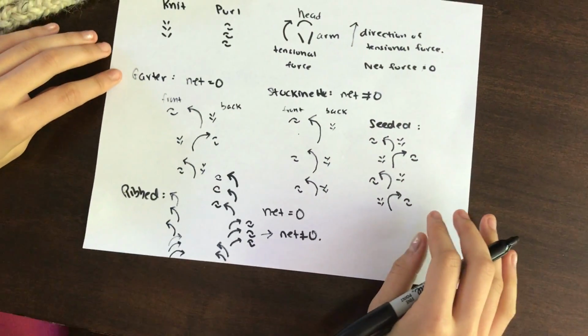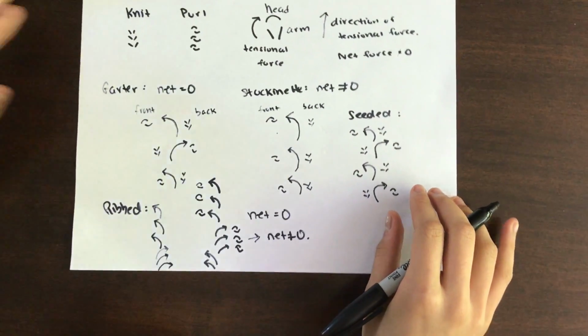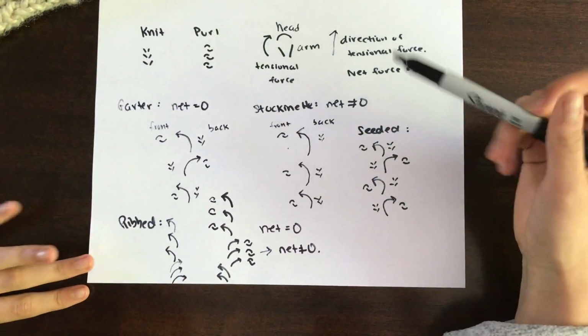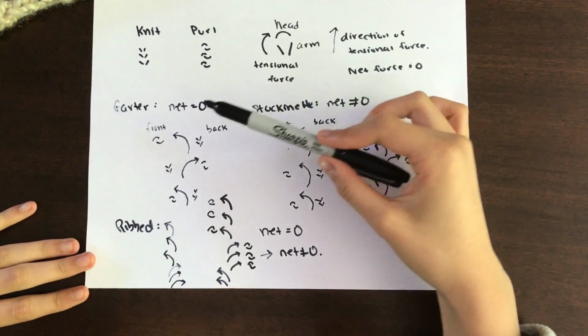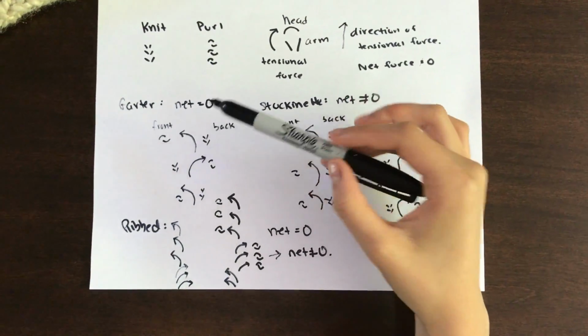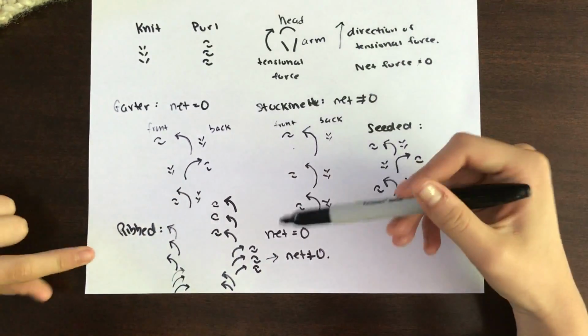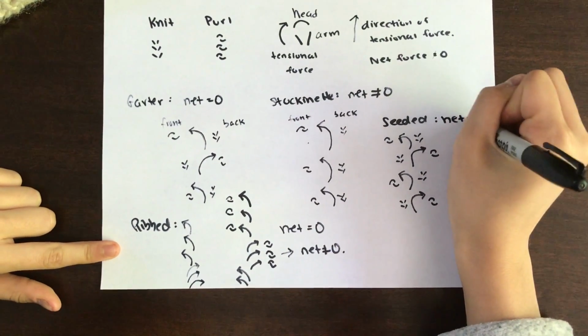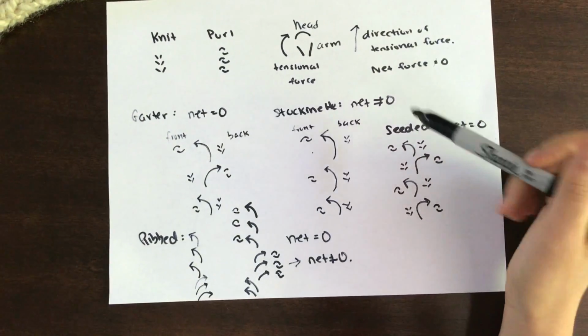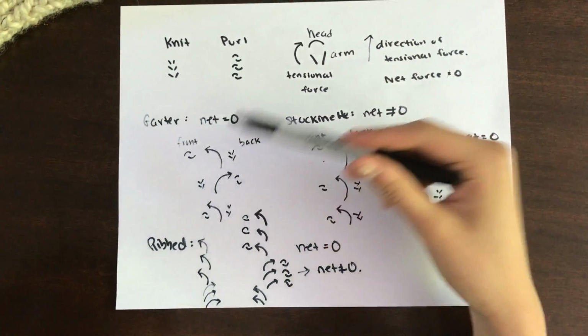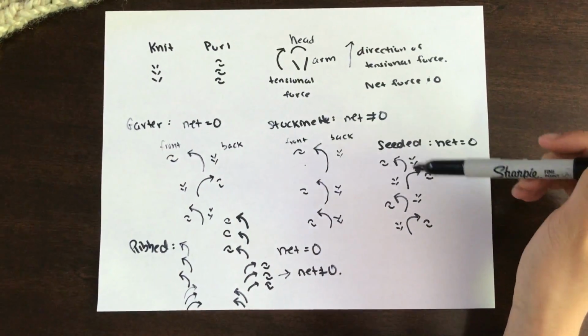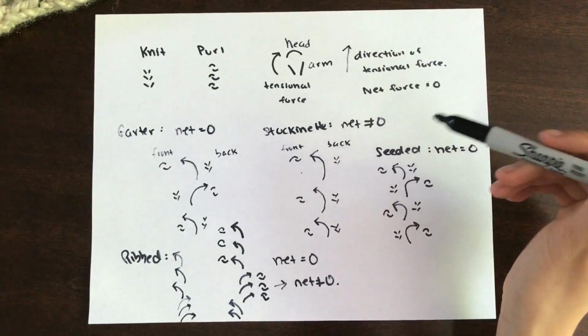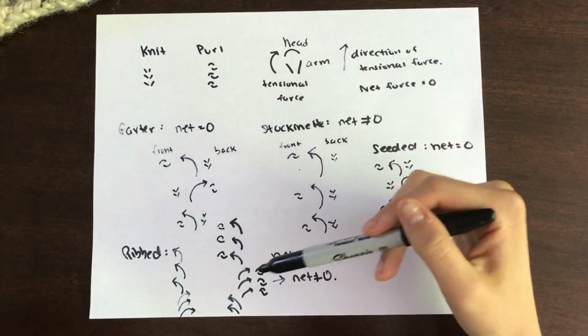So what's the solution to this problem? The solution is to knit with stitches where the net force is 0. For example, the garter stitch, the rib stitch, and the seed stitch. When you use these stitches, the piece will not curl. Or if you want to, you can even use a variation of these basic stitches.